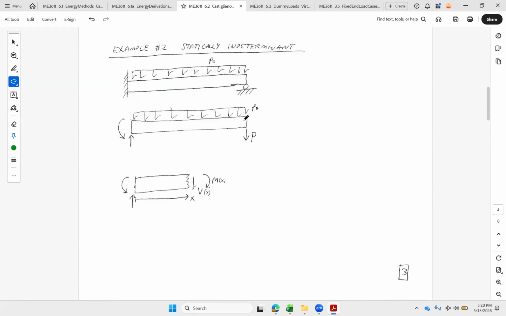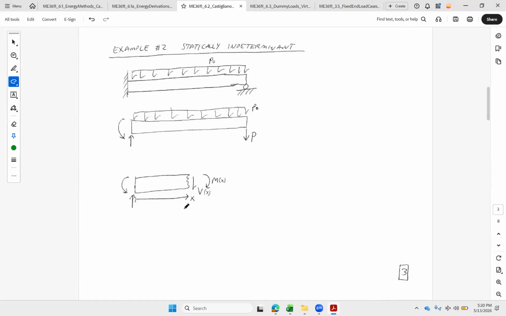All right, we can keep the left side or we can keep the right side. Remember, we set X where we like. What we're going to do in the superposition cases is we're going to pick however many extra reactions we have. All right, in this case, we got 3 reactions and 2 equations to solve them with. So just like before, and for easy comparison with superposition, we're going to treat that right side roller support as an applied load. All right, we'll see how we come out with this one.